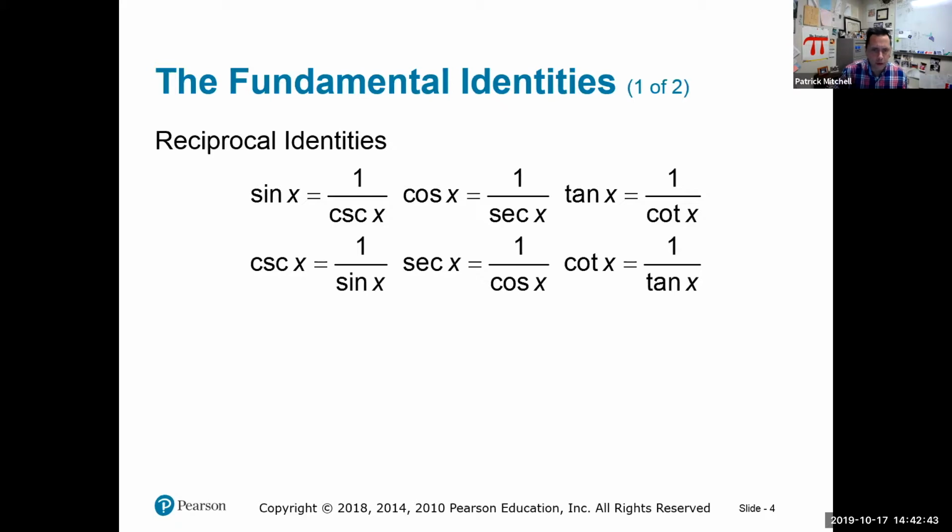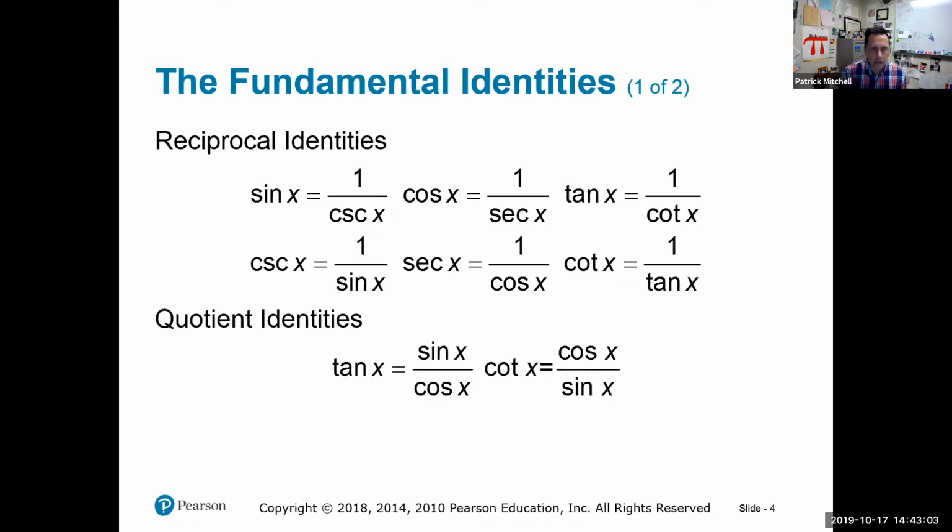For example, if you have a cosecant or a secant, it's often helpful to write that as 1 over sine x or 1 over cosine x. If you have a tangent or a cotangent, it's often helpful to write those in terms of sines and cosines using the quotient identities, which say that the tangent of x is the sine of x over the cosine of x, and the cotangent of x is the cosine of x over the sine of x.